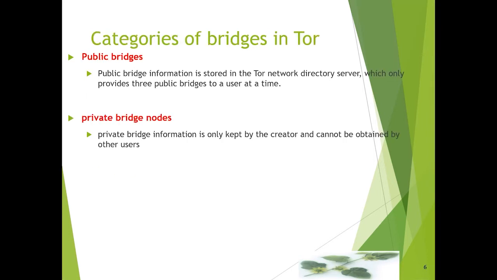Bridge nodes are classified into two categories: public bridge nodes and private bridge nodes. Public bridge node information is stored in the Tor network directory server, which only provides 3 public bridge nodes to a user at a time.